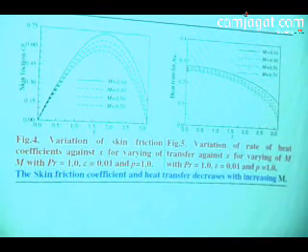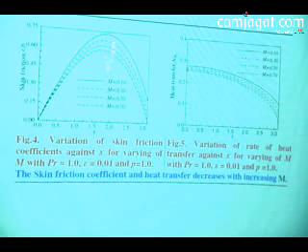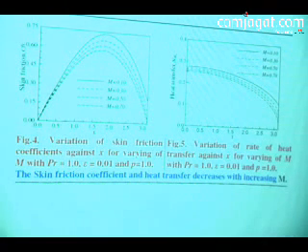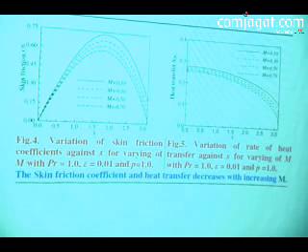Since the velocity decreases with the increasing magnetic parameter, it decreases the skin friction, and the increasing temperature within the boundary layer makes a temperature difference from the surface to the outside, and ultimately it decreases heat transfer from the surface to the outside.